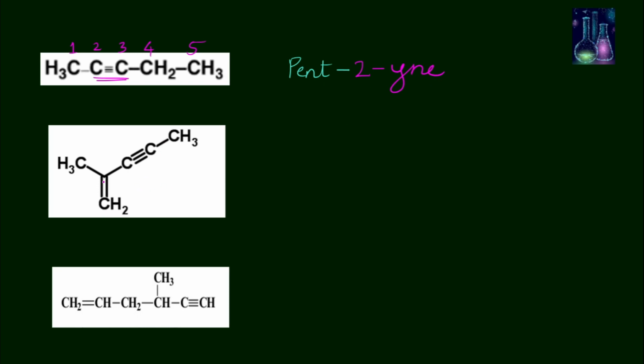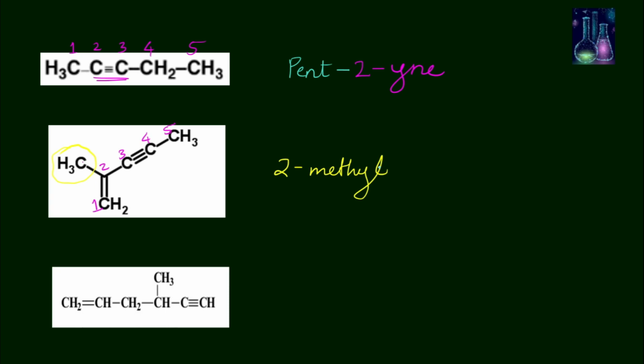Now over here there is a double bond as well as a triple bond. So more preference is given to the carbon-carbon double bond. So here 1, 2, 3, 4, 5. So there are 5 carbons in the parent chain. The second is the substituent. Therefore, this is your substituent, a methyl group. So the name of the molecule is 2-methyl.